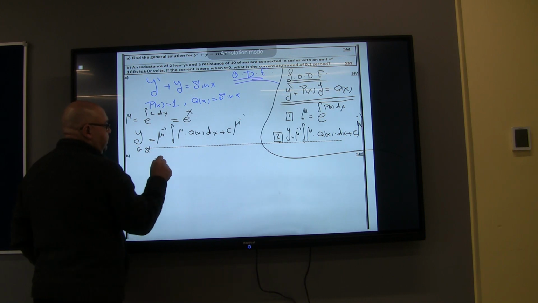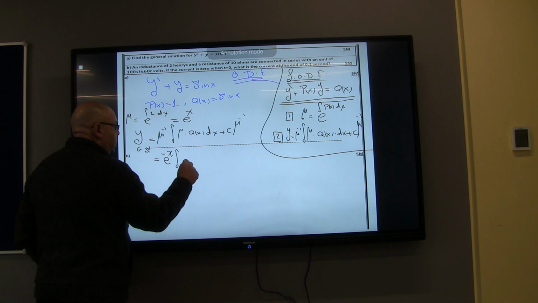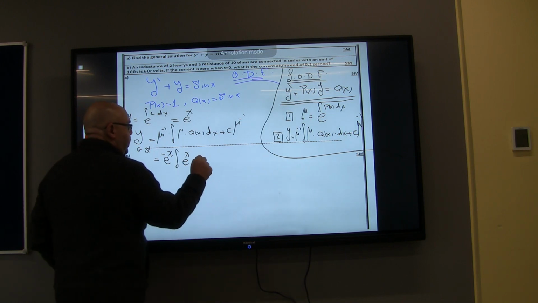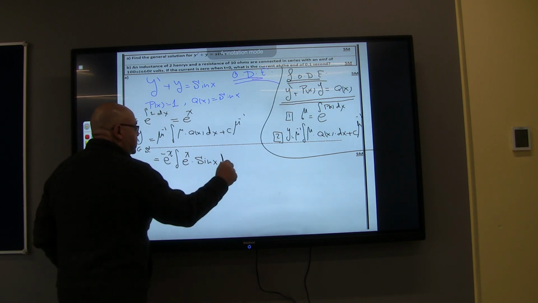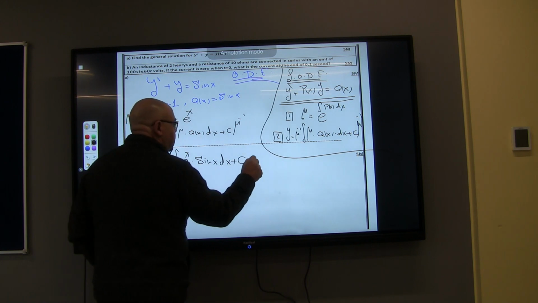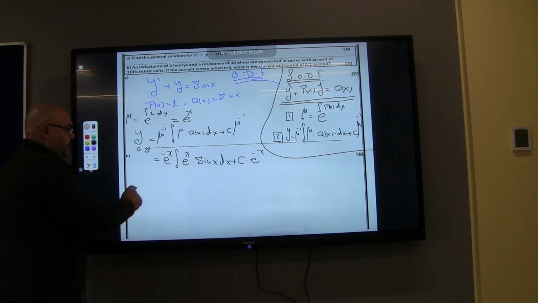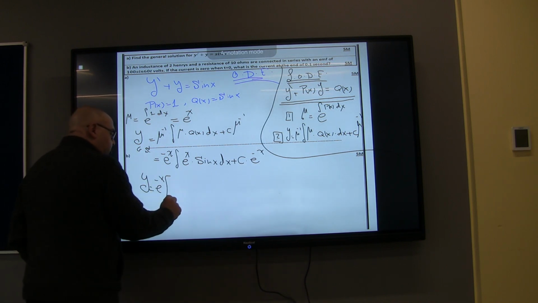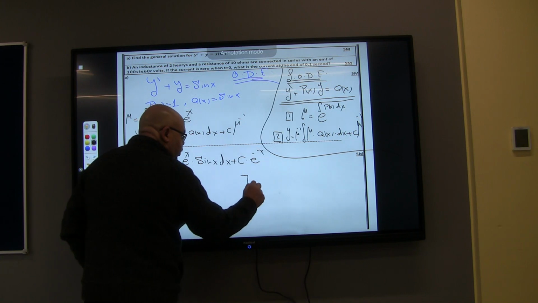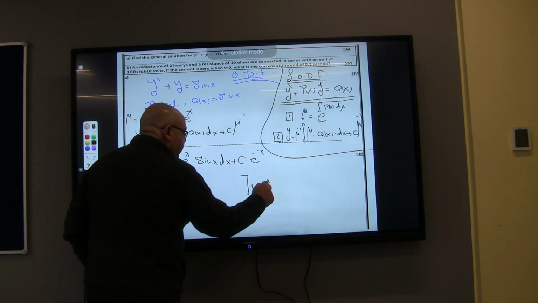Simply, it's going to be e to the power of negative x times the integral of e to the x times sine of x dx plus c times e to the power of negative x. And the problem for the time being, in order to get the general solution, is simply to find the integration of this problem.